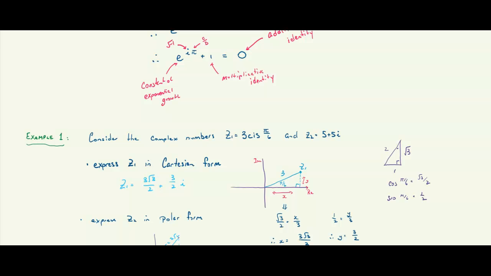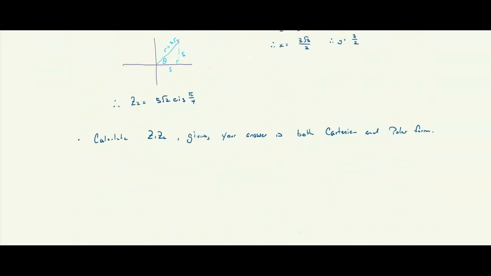Okay, so Z1 Z2. Now, if they're in mod-arg form, it's dead easy. So let's just consider them separately, in polar form first.